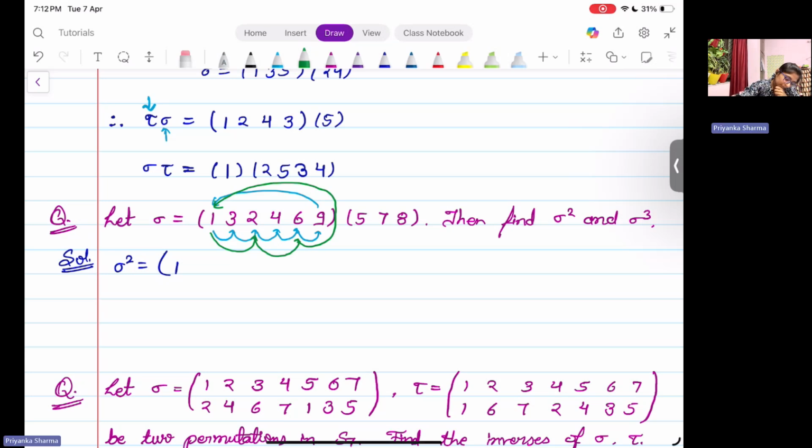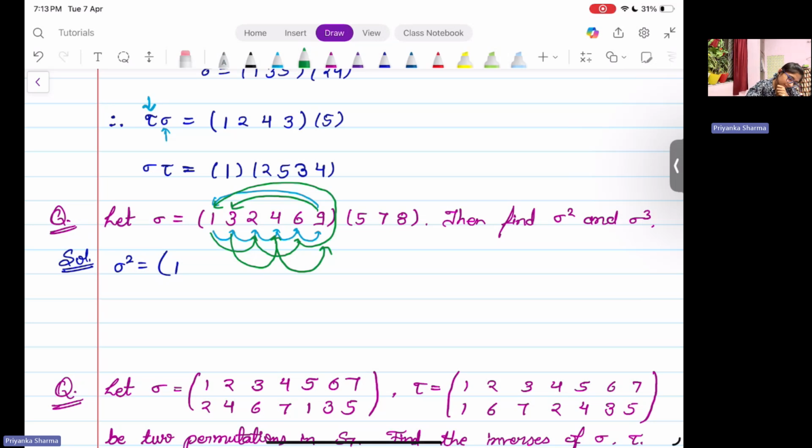Okay. But see, 6 and 4, they are... So 3 goes to 4, 4 goes to 9, and 9 goes to 3. Okay. So let's write it.